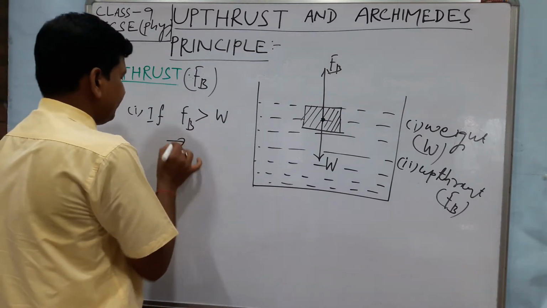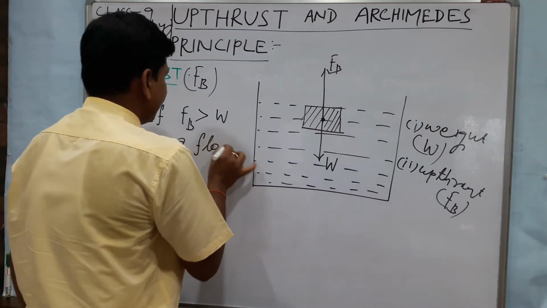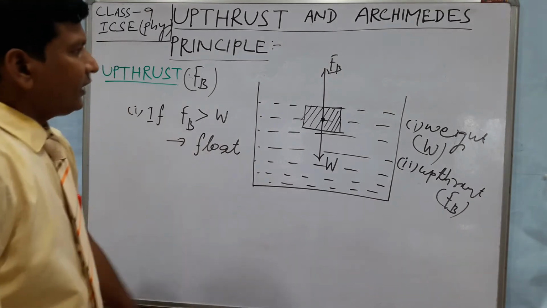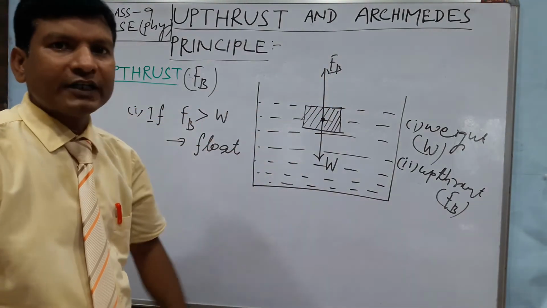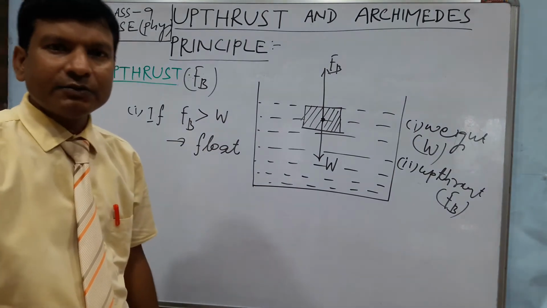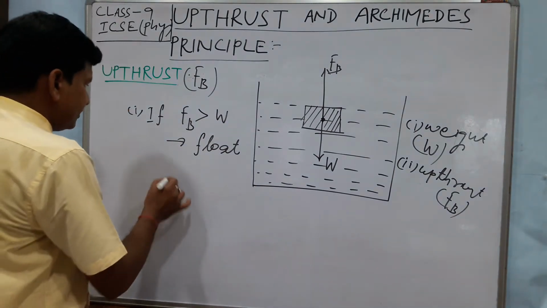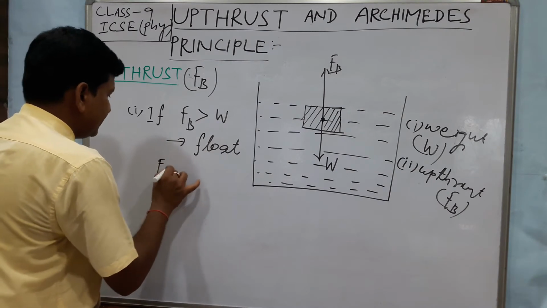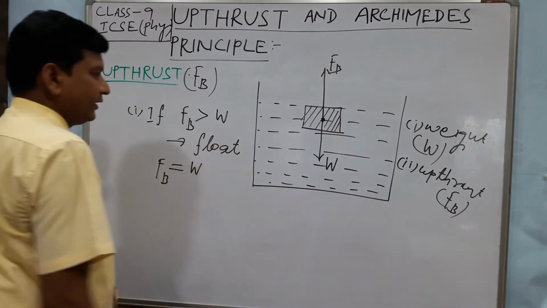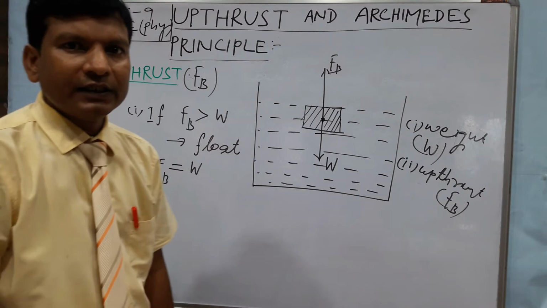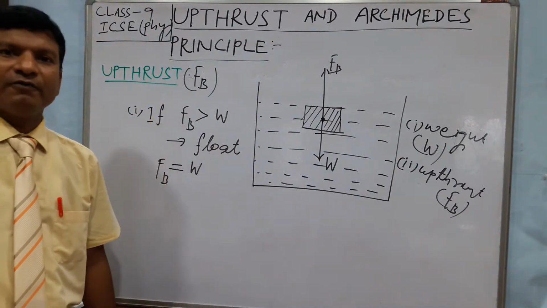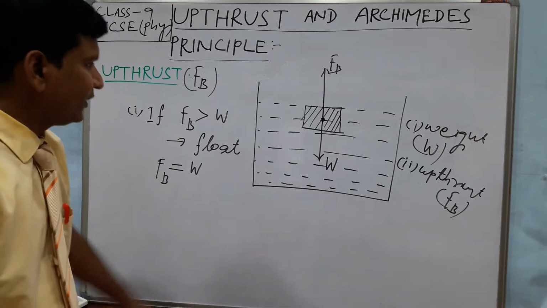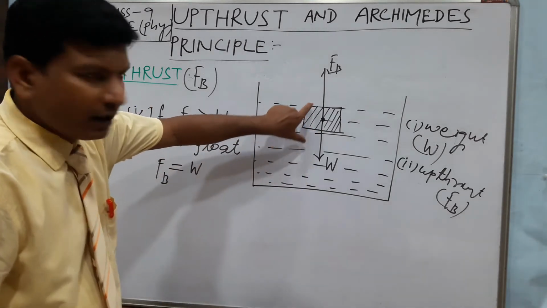Now, if the upthrust acting on the body is equal to the weight of the body, then what happens? In this situation the body will float, but it will float inside the liquid or inside the container.